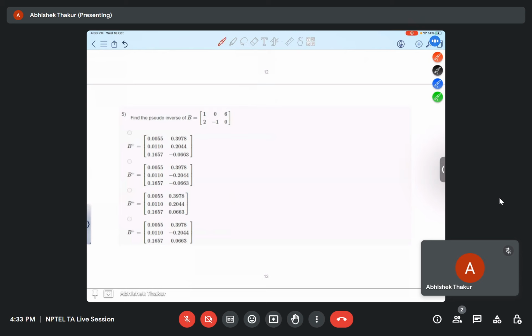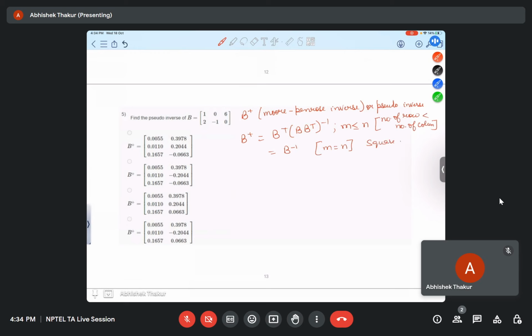Both are the same. The pseudo inverse of B is written as B plus or B dagger, that is equal to B transpose times inverse of B B transpose, when M is less than N, that is, number of rows is less than number of columns. It equals B inverse when M is equal to N, that is, when the matrix is square.